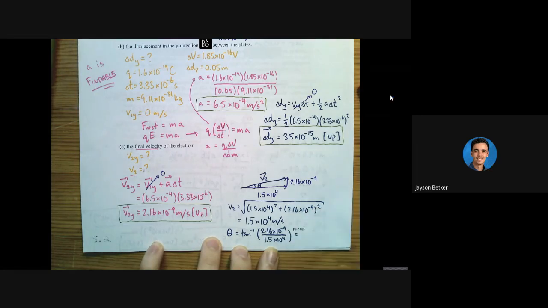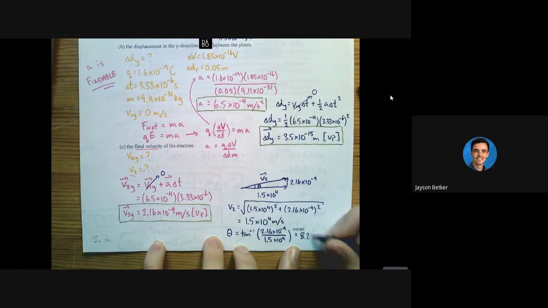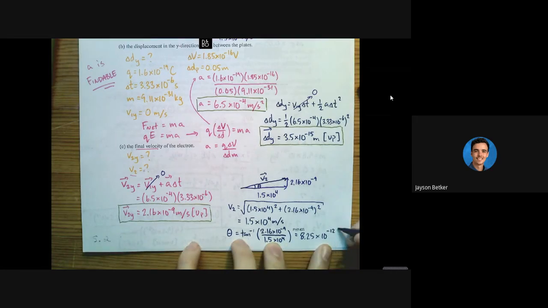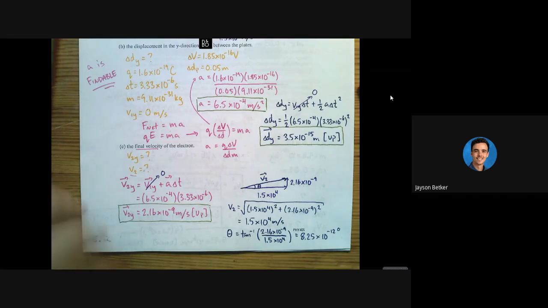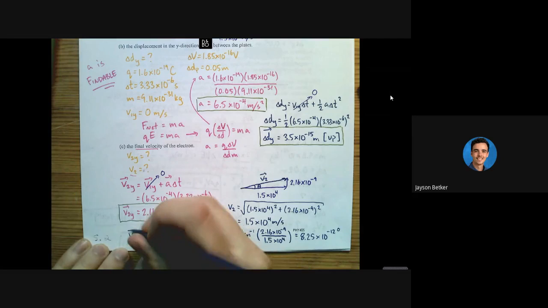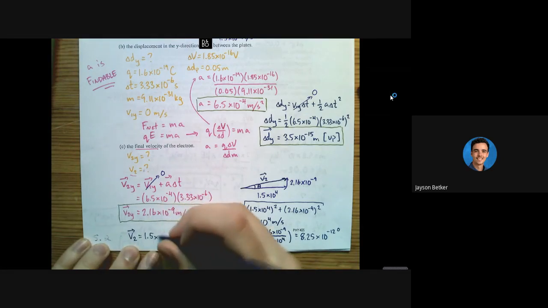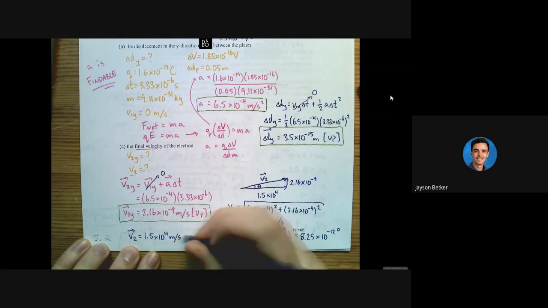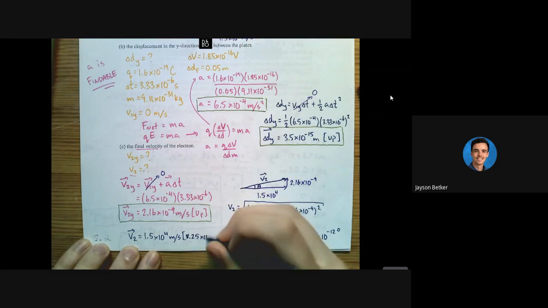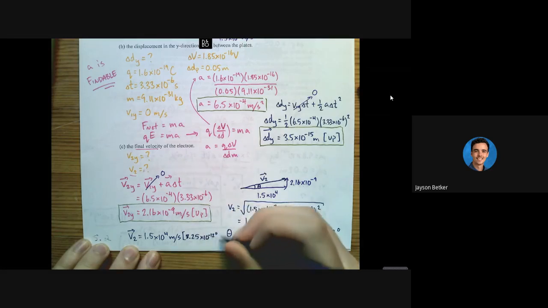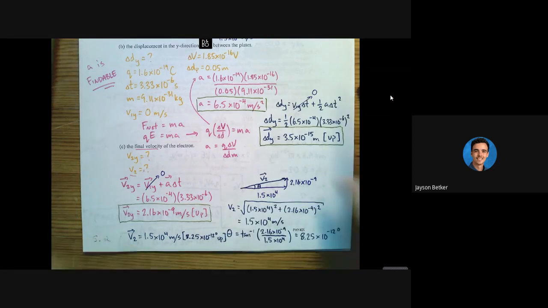And you do that, and you get such a tiny angle: 8.25 times 10 to the negative 12 degrees. So your final answer ends up being V2 is equal to 1.5 times 10 to the 4 meters per second at 8.25 times 10 to the negative 12 degrees up. Boom. There it is.